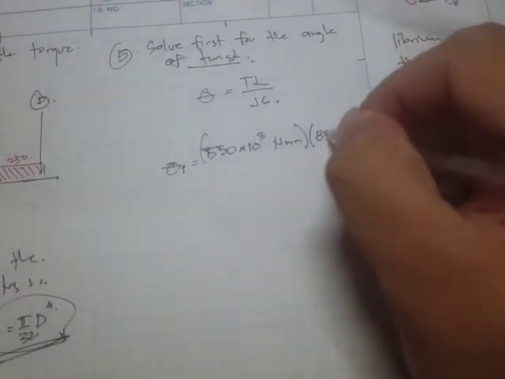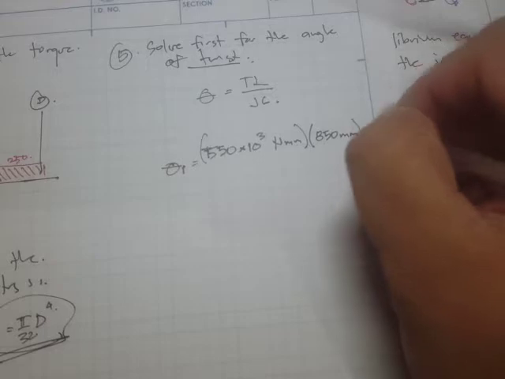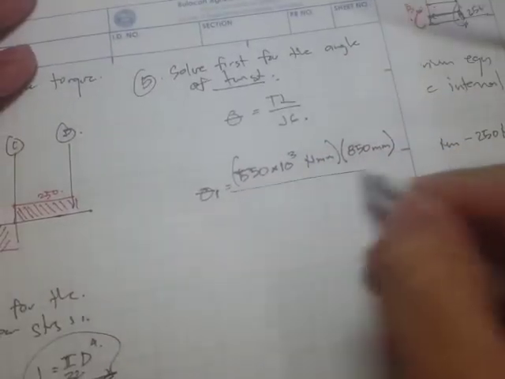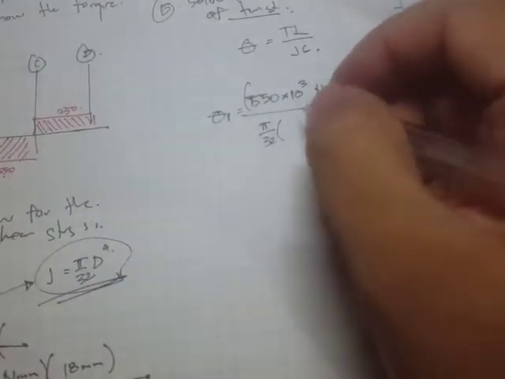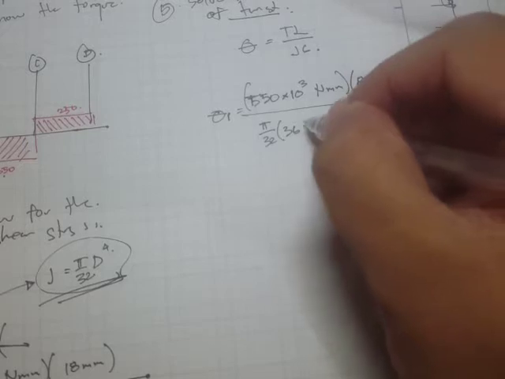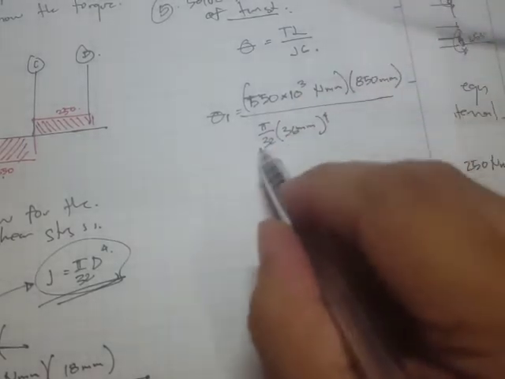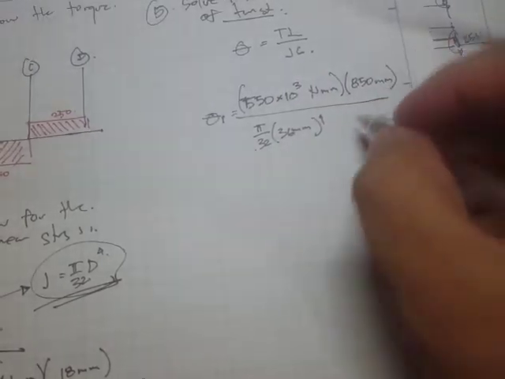If we translate that to millimeters, that's just 850 millimeters. And for our J, this is pi over 32 times the diameter of 36 mm to the fourth, right? TL all over JG, right?